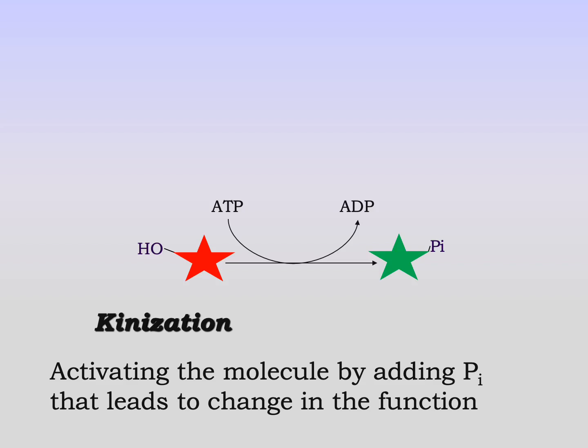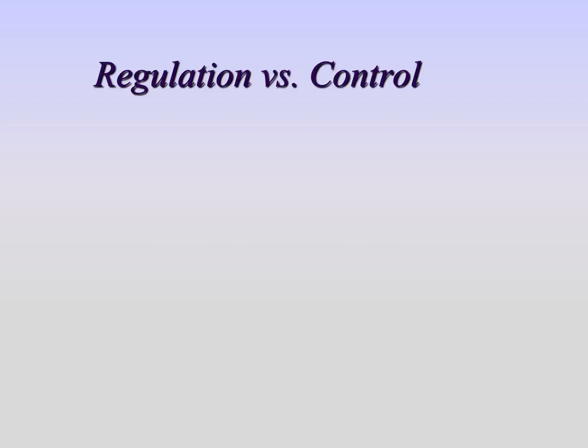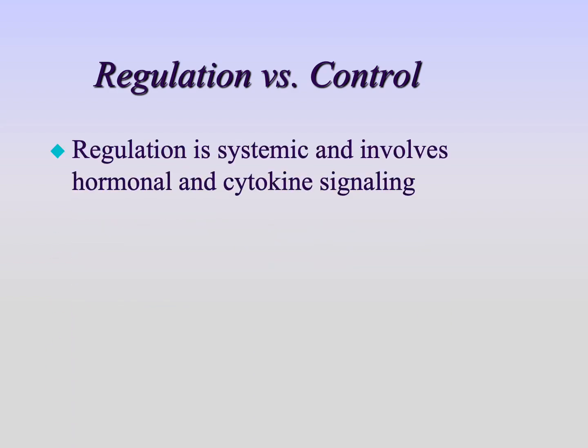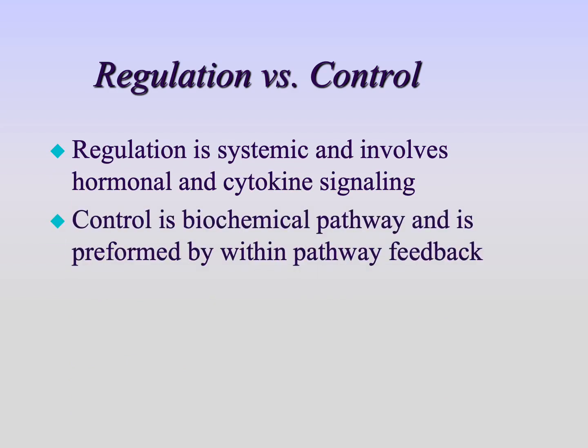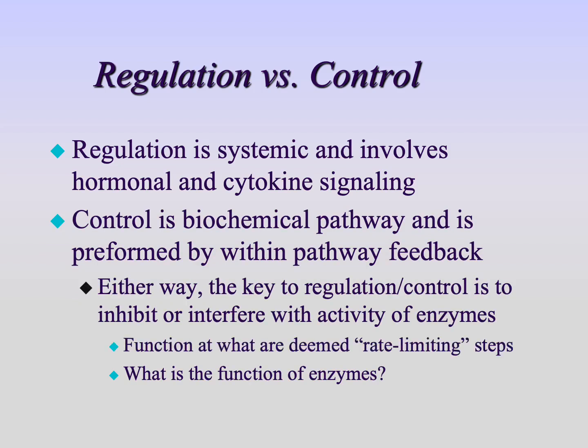Which takes us to the next concept, and just a quick review of a concept that we looked at when we looked at homeostasis, and that is the concept of regulation and control. Just remember, regulation is systemic and involves hormonal and cytokine signaling, whereas control is biochemical and is performed within the pathway. Both of them deal with turning on and turning off regulatory enzymes.